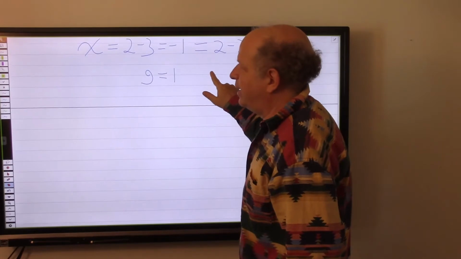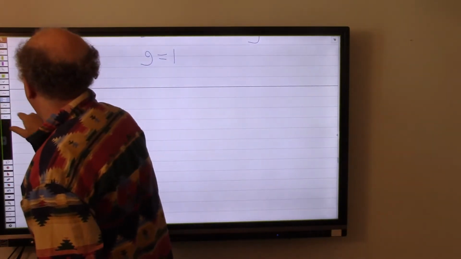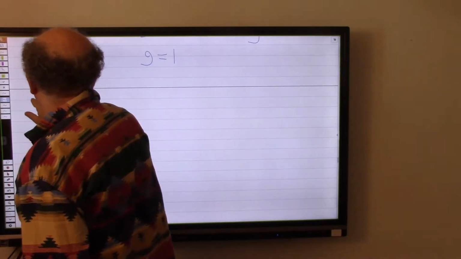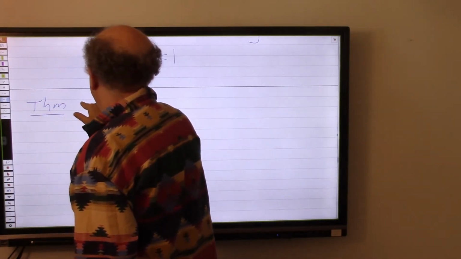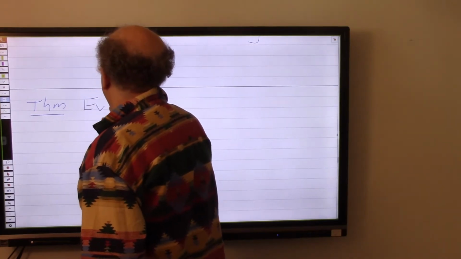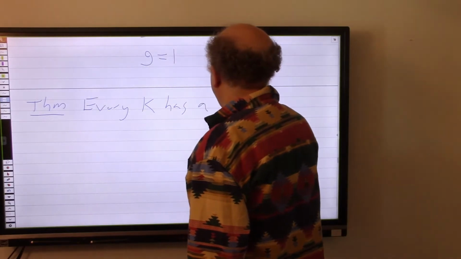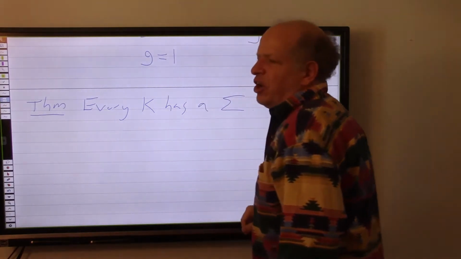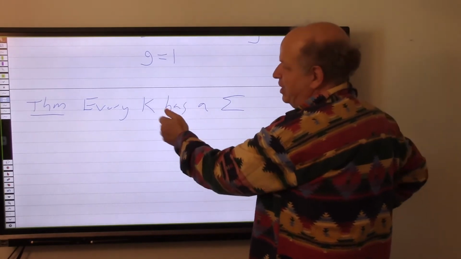Okay, so the next thing is I want to prove a theorem. Theorem: every knot K has a surface sigma, and since our notation is fixed, it's clear what I really mean.